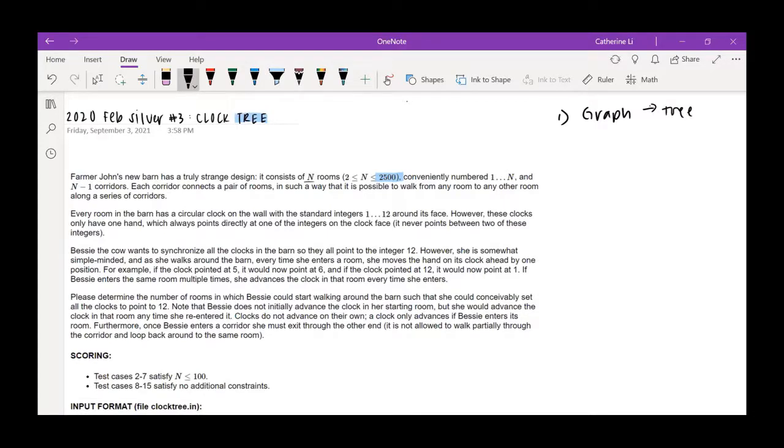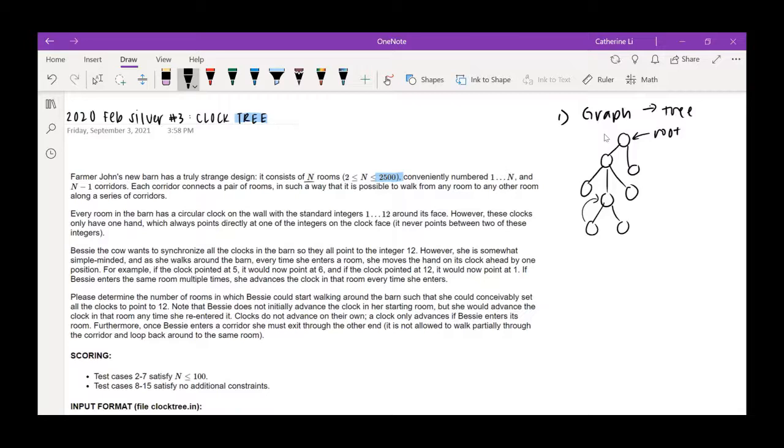So yeah, a tree is basically a graph with a root and a bunch of edges, and each node is going to have one parent.